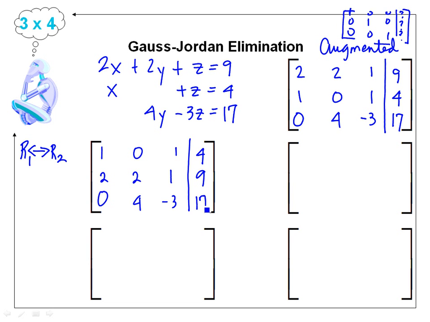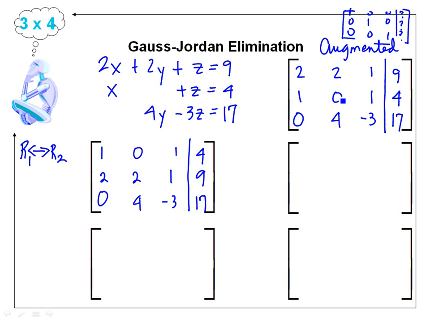Notice that we also got rid of an issue, because if we kept this 0 here, that would be a problem, because what we want is a 1 in the very center. We could not make a 0 a 1, so it would be best to swap the rows.